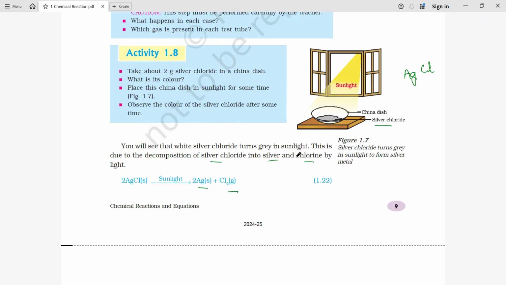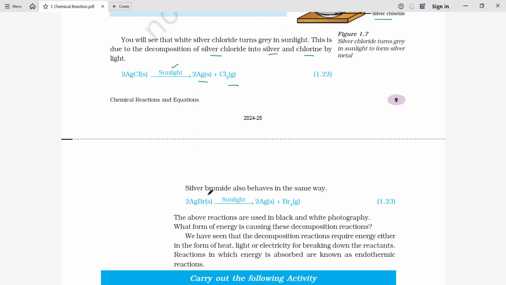Decomposition of silver chloride in the presence of sunlight. This sunlight is going to act as the catalyst. Due to that only this decomposition is going to occur. Sunlight means heat, so that's why it is an endothermic reaction as well as a decomposition reaction.